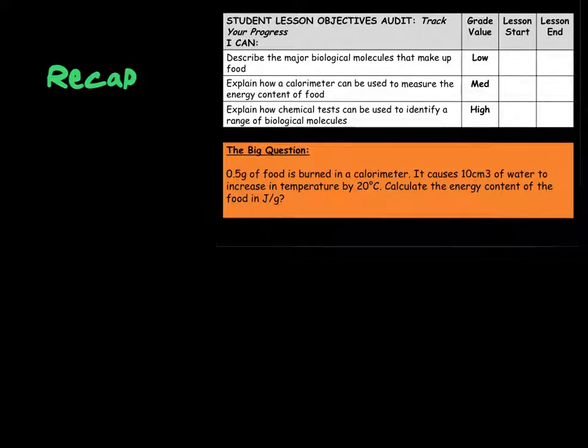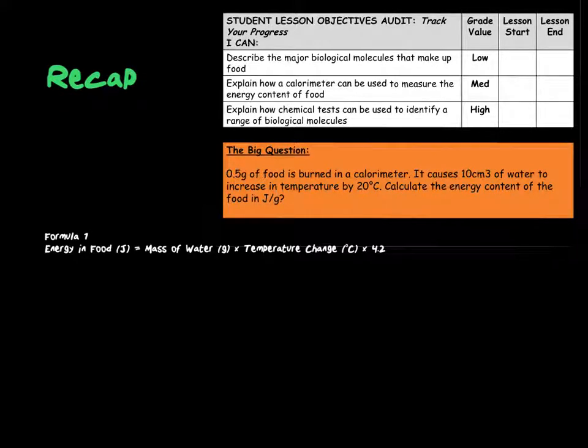So, for this question, we need to use both equations. The first equation we're going to use is the energy in food equation. So energy in food in joules is equal to the mass of water in grams times the temperature change of water in degrees Celsius times by the specific heat capacity of water, which is 4.2.